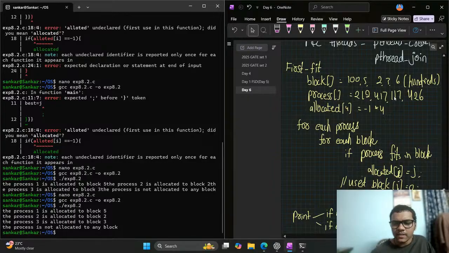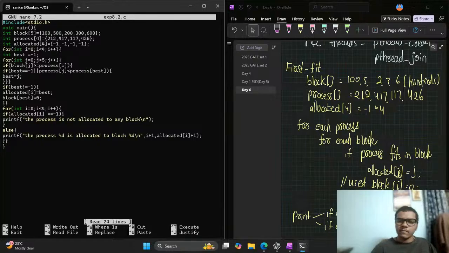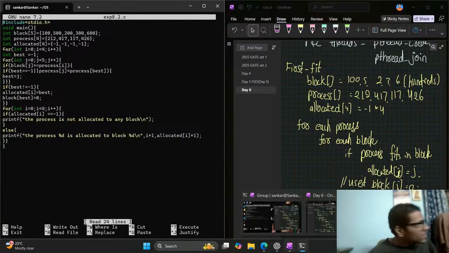Process 3 is allocated to block 3, okay? The process is okay. We got to check the values out, mate. 100, 500, 200, 300, 600, 212, 417, 117, 426. Now, what's wrong with this code?